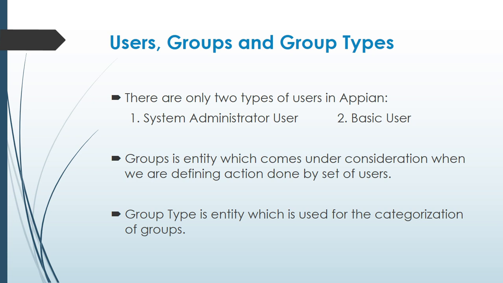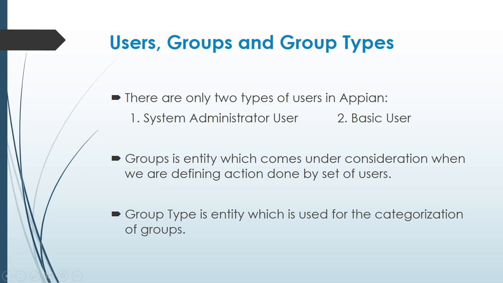A system administrator user will have access to all of the tabs and can see everything on the record and action tab and related action. Everything he can see if there is no additional filter over the visibility.